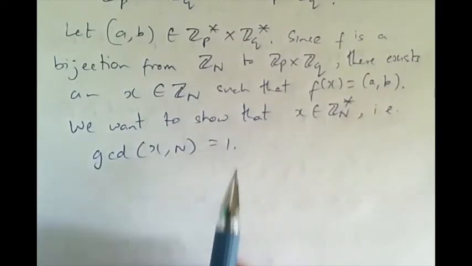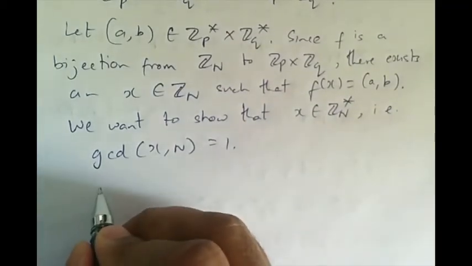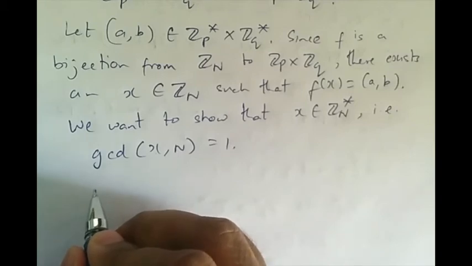Okay, so what do we know? We know that GCD of p and q is 1.